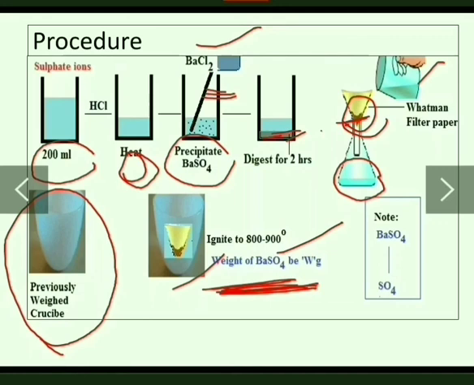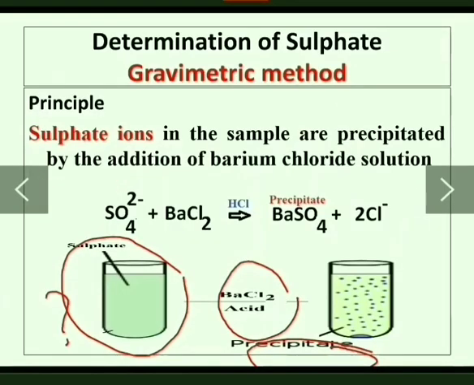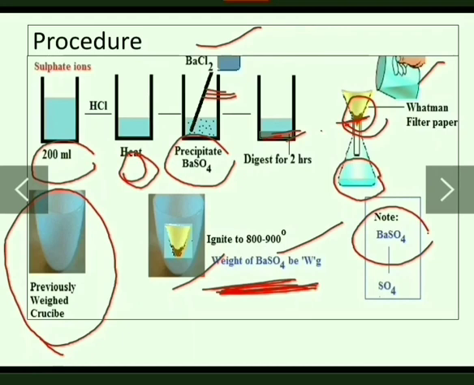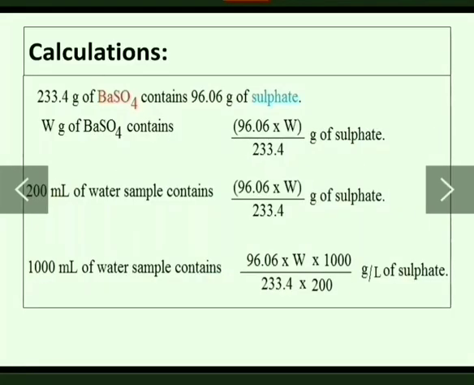Last part is calculation. Before moving on to calculation, let me make a note here. The weight we have got is the weight of barium sulfate. But in the experiment you have to measure the weight of sulfate ions. So you have barium sulfate, but we want only the weight of sulfate ions. Let's move on to the calculation.